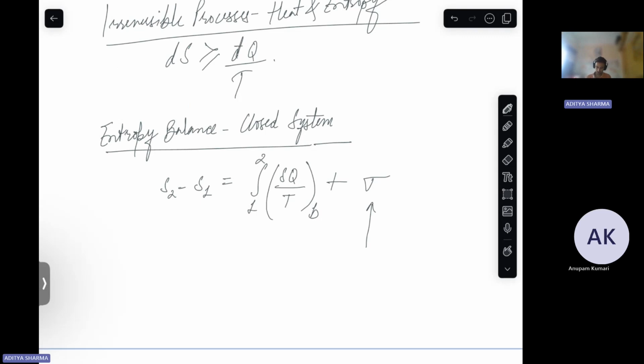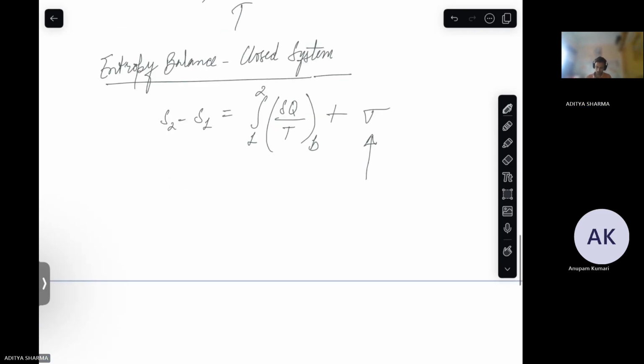What is this sigma? What does it signify? It signifies entropy production. Now, what do you mean by entropy production and when is it significant? Entropy production is significant in the processes which are irreversible, right? In reversible processes, you won't see entropy production. But in the processes which are irreversible, there you see this sigma term, right? So this is important for your entropy balance.